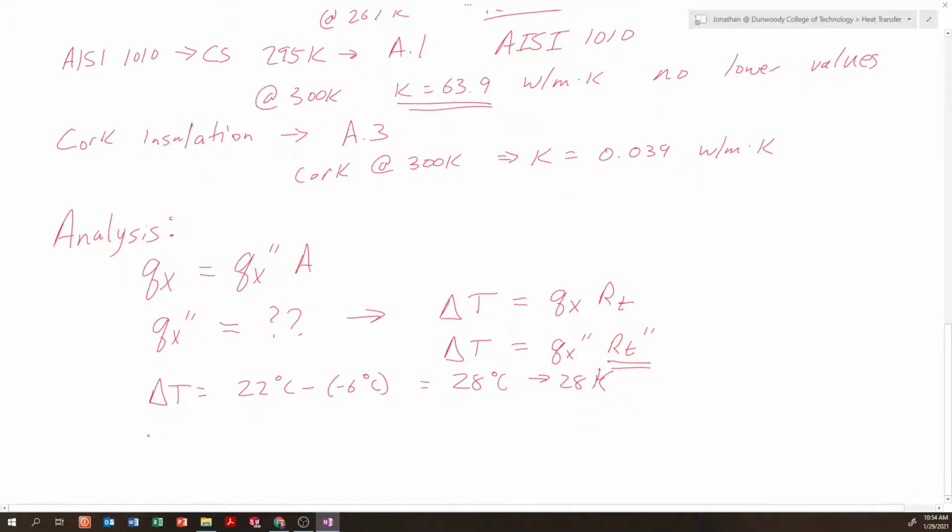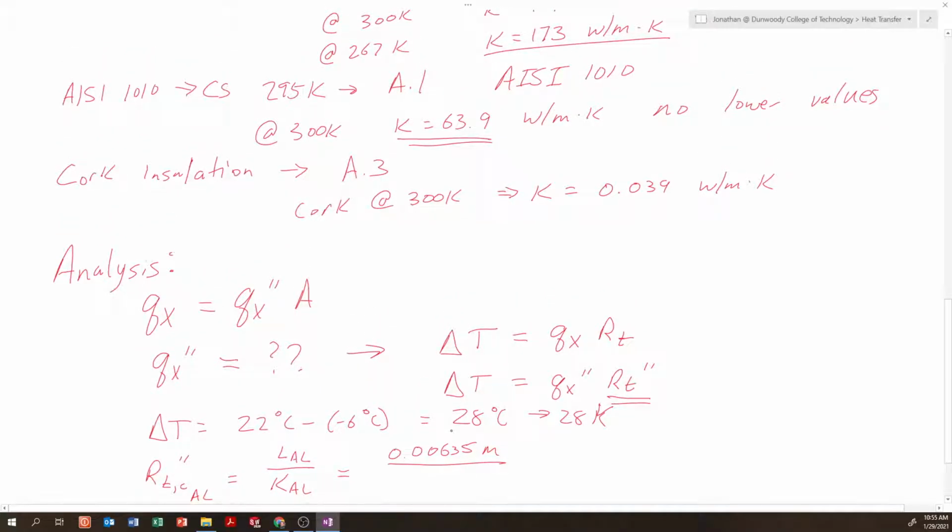So RT double prime for the aluminum is going to be the length of our aluminum over K of aluminum, 0.00635 meters. And our conductivity again was up here. What do we got? 173 watts per meter Kelvin.